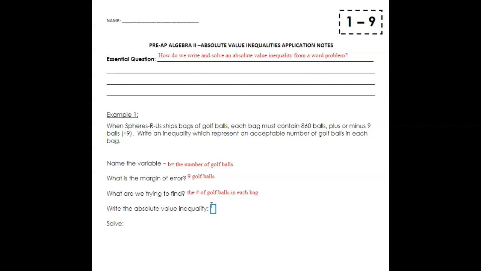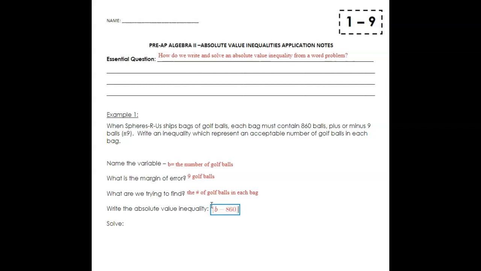The absolute value inequality starts out with the absolute value symbols. So shift and then the button that's above the enter on the keyboard. So the absolute value of the number of golf balls, B, minus 860, close the absolute value.